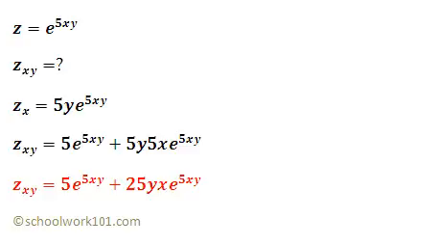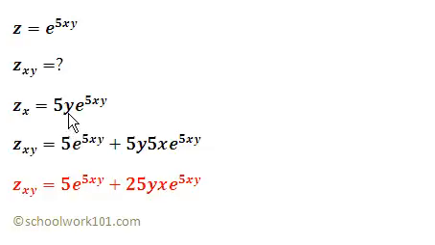All right. Now we're going to be doing xy this time. We've already done x, remember, so that was 5y e to the 5xy. Now we're going to take the derivative with respect to y. Look here, we've got 5y times e to the 5xy, so this is going to be a product rule because we have y here and y up here. We take the derivative of the first.